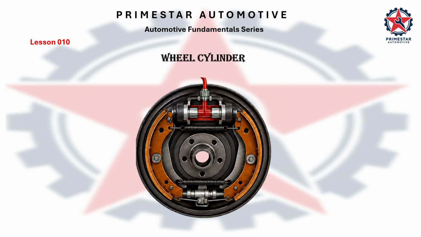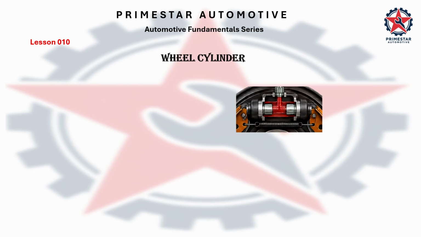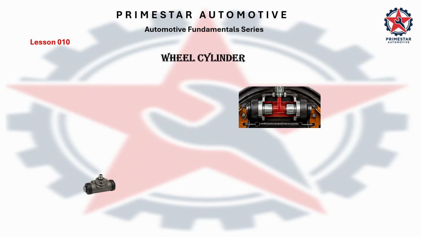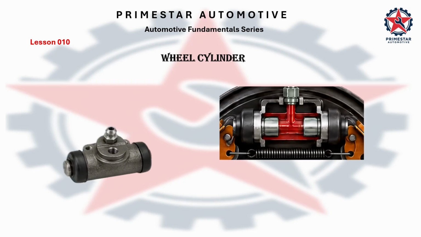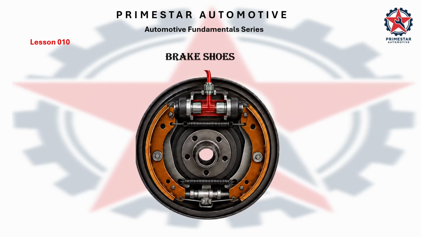Wheel cylinder. A dual piston hydraulic slave cylinder mounted at the top of the backing plate. Hydraulic pressure forces two opposed pistons outward. Brake shoes.